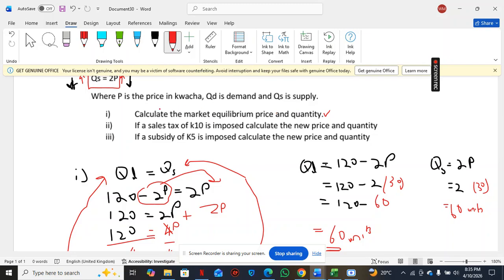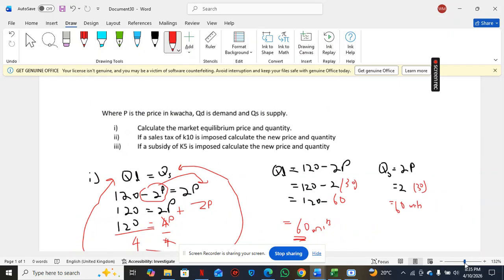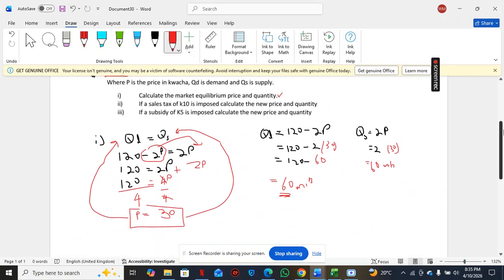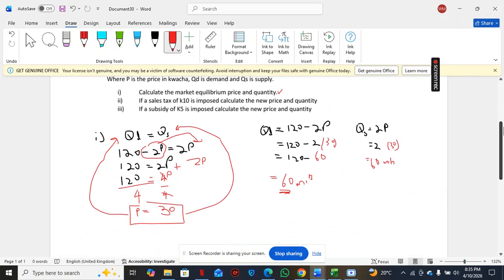Now we're going to go to number 2, where a tax has been imposed. Government has imposed a tax. Earlier on, government wasn't playing any role. The consumer pays 30 kwacha, the supplier receives 30 kwacha.